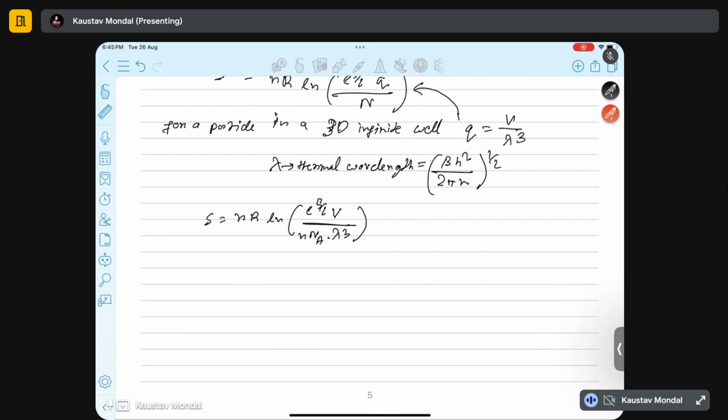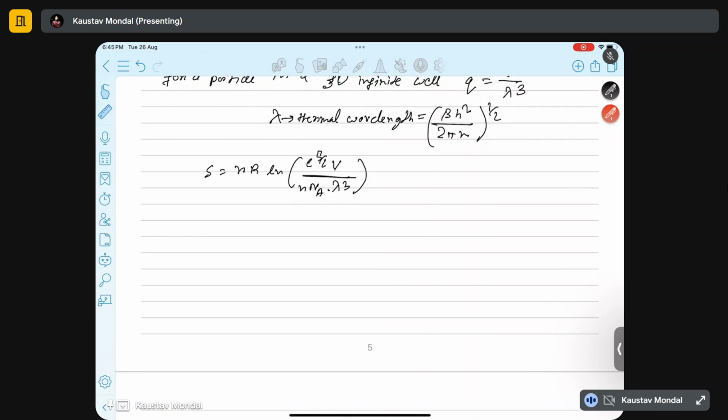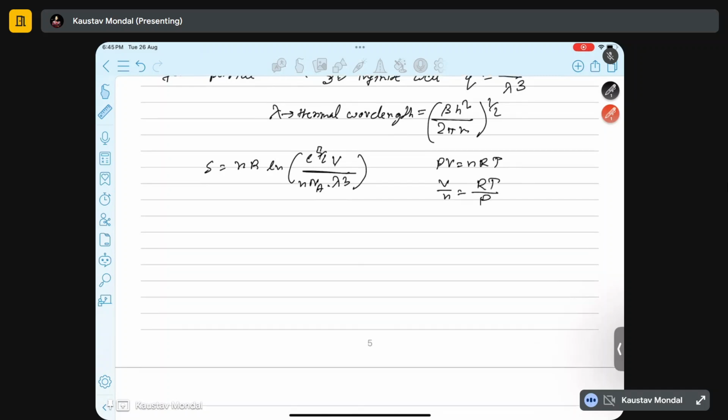Also, there are many ways you can write this. You can use PV equal to nRT. You already know this, so V by N is equal to RT by P. If you substitute this here, you can write this whole thing as nR ln of e to the power 5 by 2 RT by P, NA by lambda cubed.